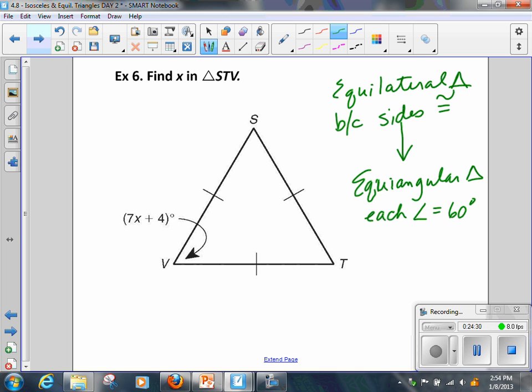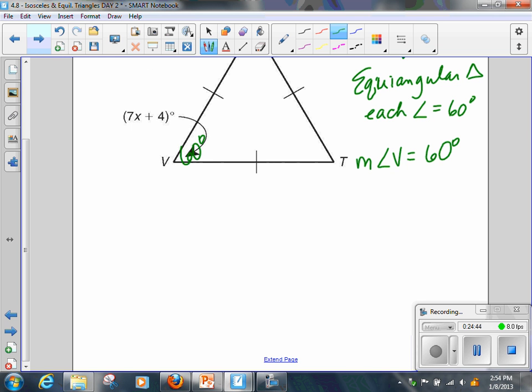Justin, you were part right. As far as setting this up, you're exactly right. Angle V is 60 degrees, absolutely, hands down. All of the sides being congruent is what took you to equiangular.